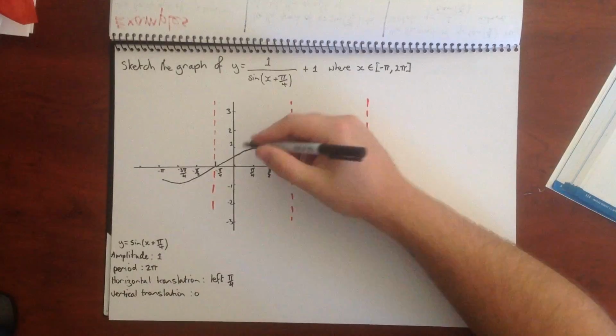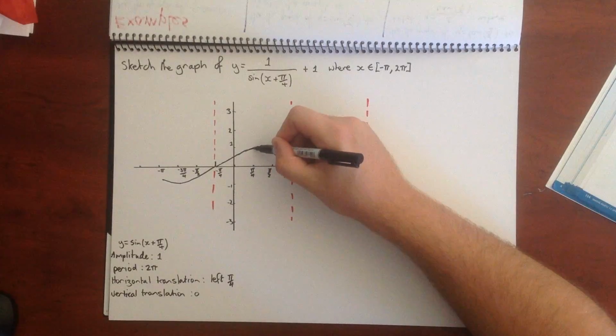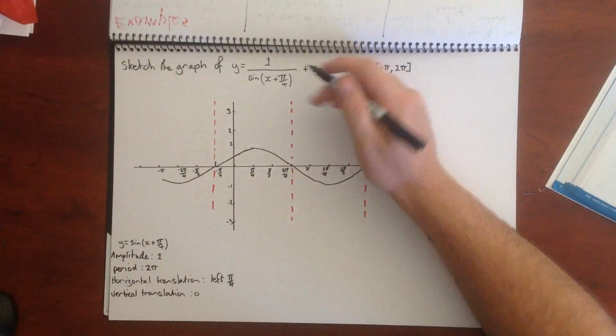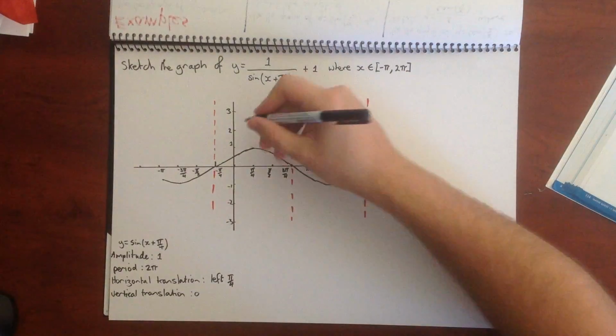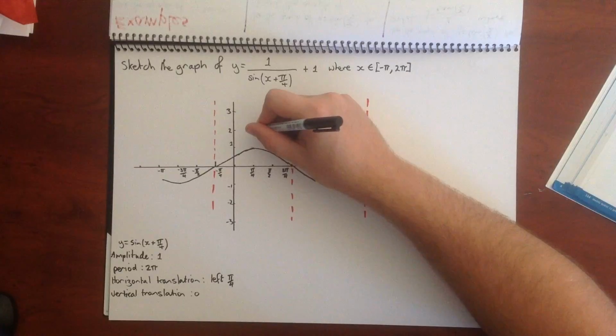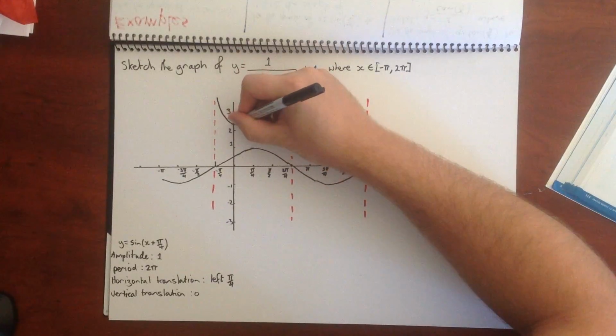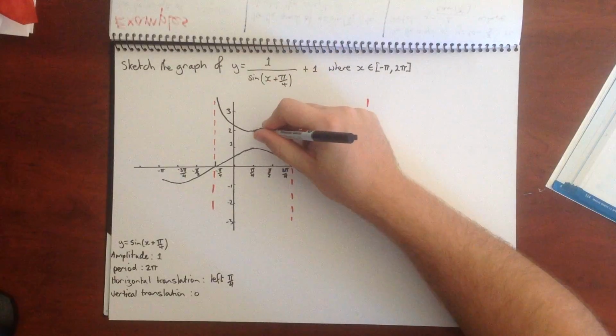Well, we'd usually be here, 1 over 1 gives us 1. However, we're going to actually add 1 to it now, because we're going to move the whole thing up 1. So instead of coming through 1 here, we're going to come through 2. So okay, come down like this.